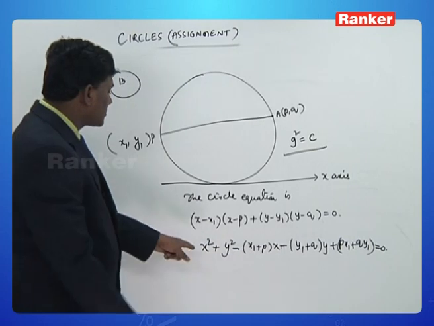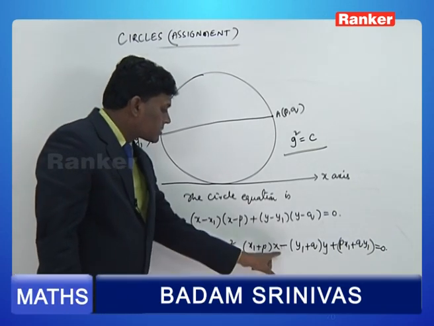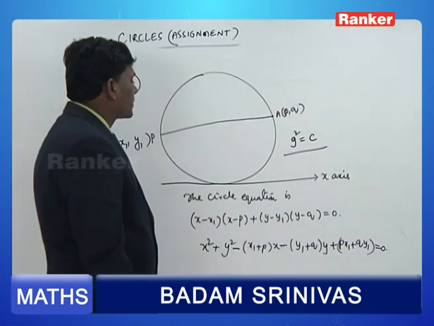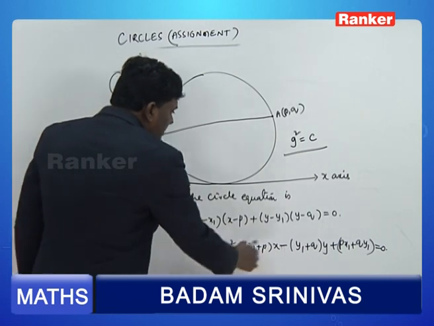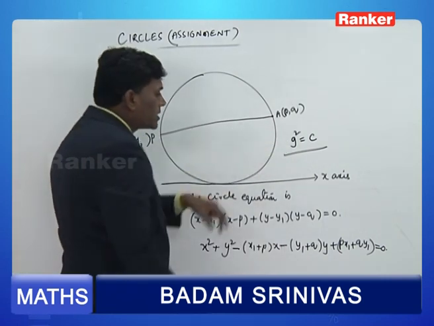Clearly the circle is in its standard form, x square plus y square plus 2gx plus 2fy plus c equals to 0. Now if this circle is touching x-axis, the condition is g square equals to c.